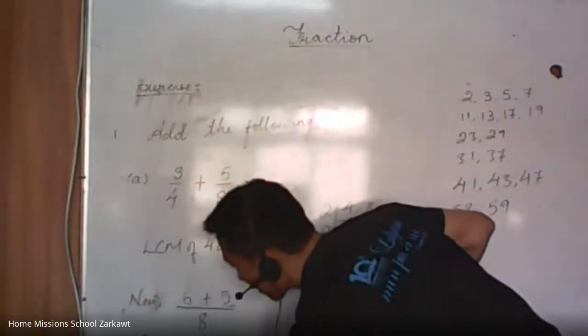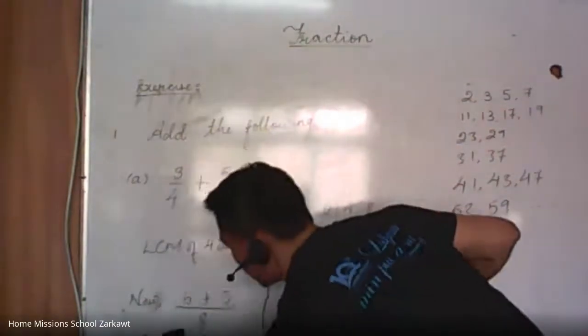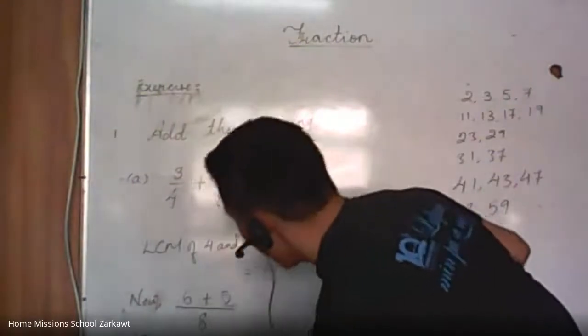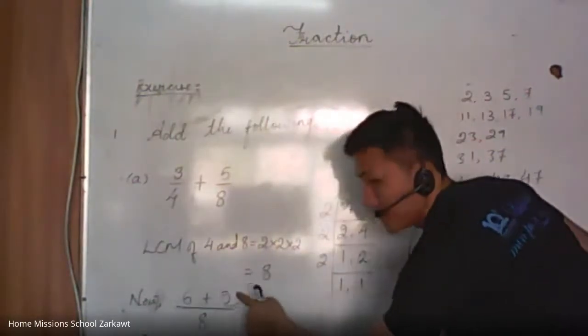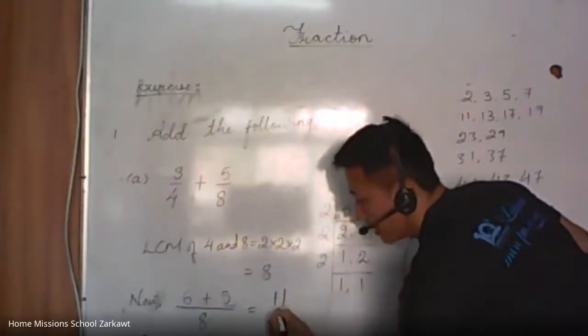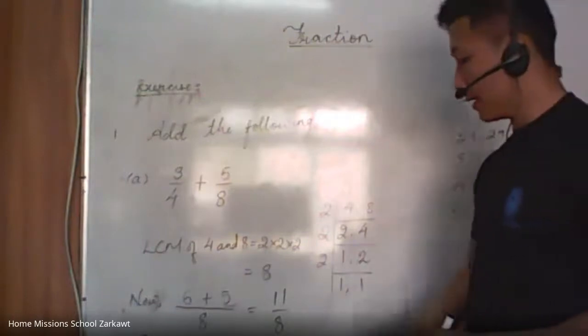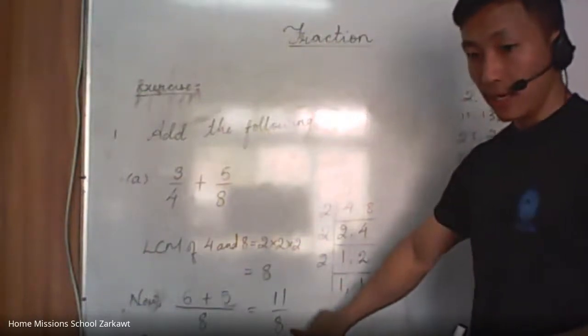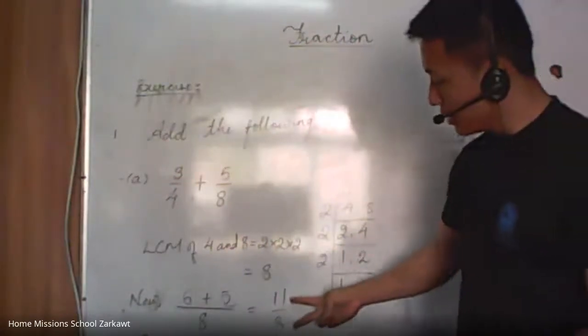Okay, 6 plus 5 is 11 by 8. Okay, the answer is 11 by 8.